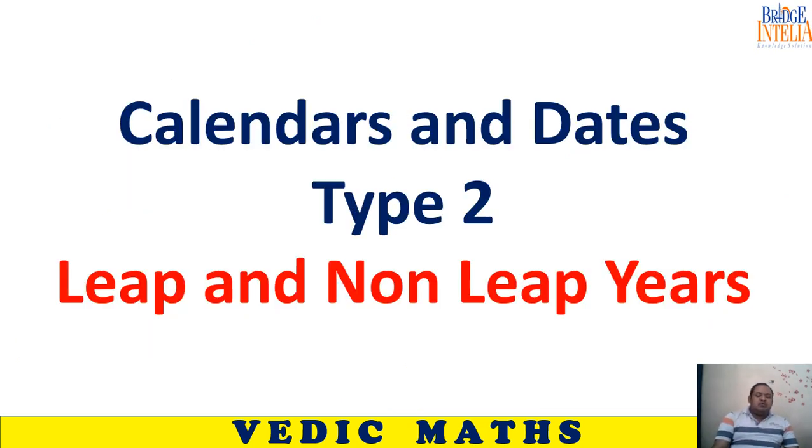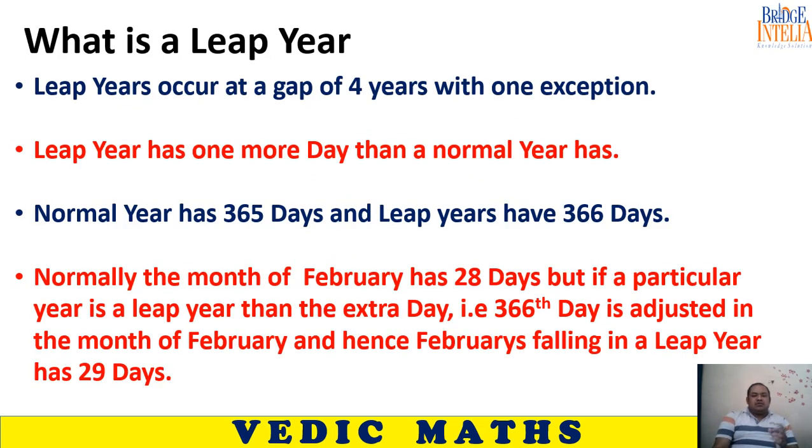Before we move forward, we have to understand the concept of leap and non-leap years. So what are leap years? First understand what normal years are, because we know that leap years are not normal. Normal years are those years which have 365 days and February has only 28 days.